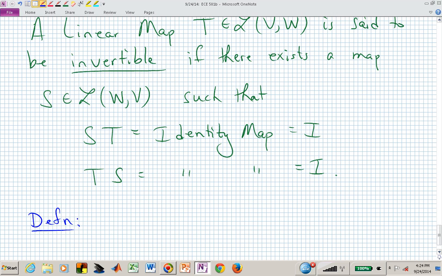So a linear map is said to be invertible if there exists another linear map such that ST is the identity or TS is the identity.